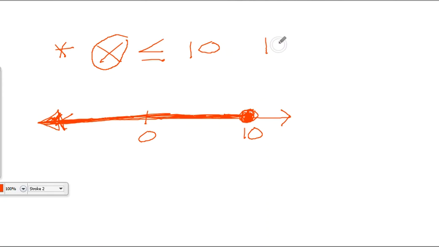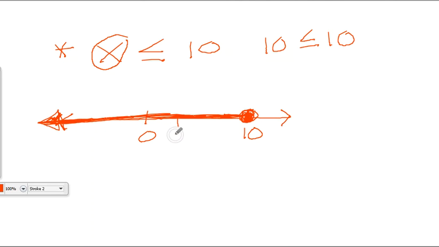We know that 10 is less than or equal to 10. Then we can pick any of these other numbers that are to the left of 10 on the number line, because moving to the left gives us numbers that decrease in value. So all of these numbers right here would be less than 10.